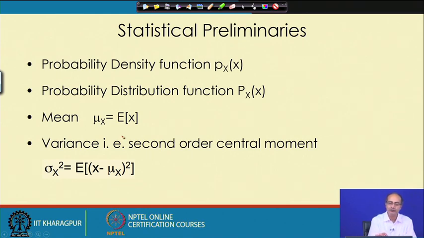How do we calculate the mean? We need to take the expectation of that variable and we get the mean of the signal. In the same way, using the mean, we can calculate the variance, and with that we get two very simple but useful statistics of the signal.